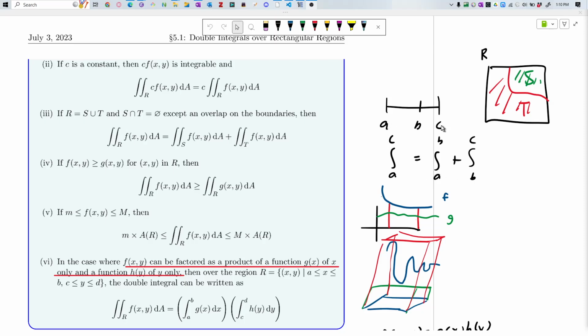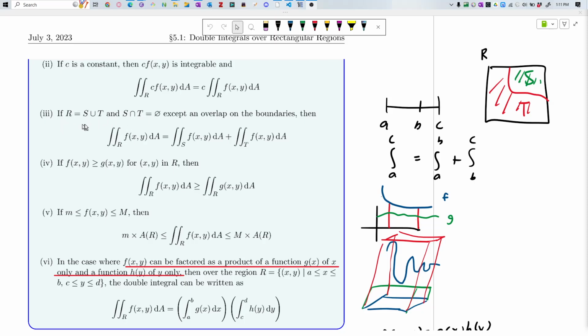Well, it's more difficult to express this idea in 2 dimensions and higher because it's not simply an interval that we have, but it can be some arbitrary regions. But the point is that we would take a region of 2-dimensional space and we just subdivide it in a way where they don't overlap. That's what this condition means. Their intersection is empty.